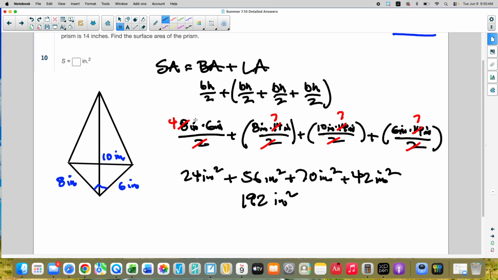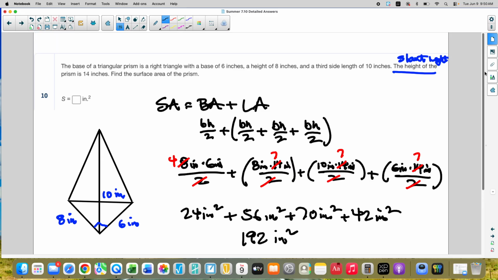That's half, I did half. 24, 56, 70, 42. Did I not add correctly? I think that's correct. That looks correct number-wise. I think it's this height, 14. That height being 14 is a little bit interesting. The height of the prism is 14 inches.